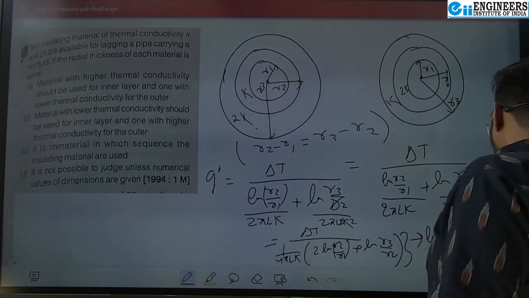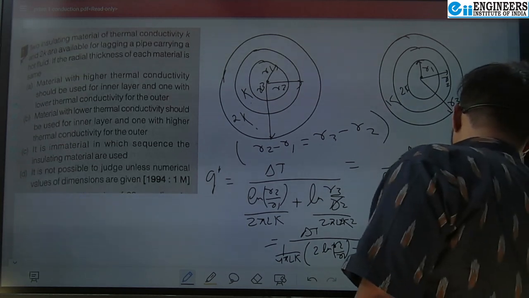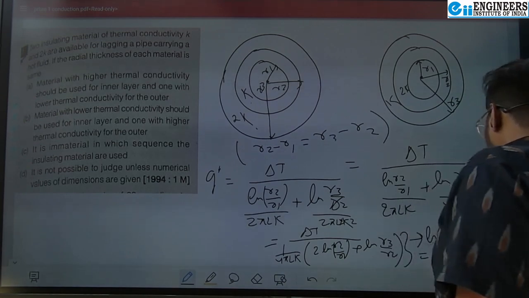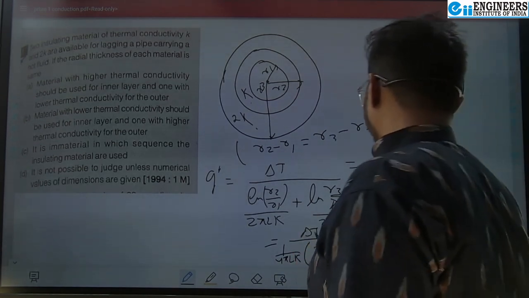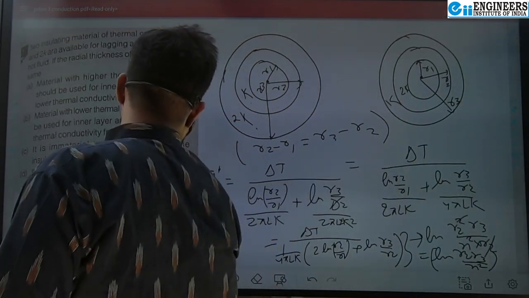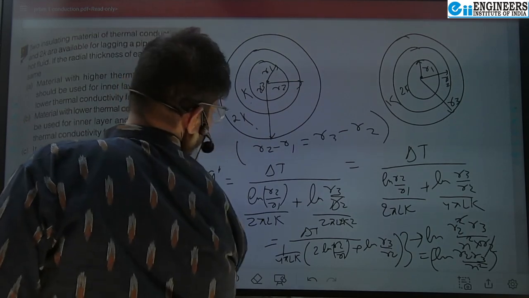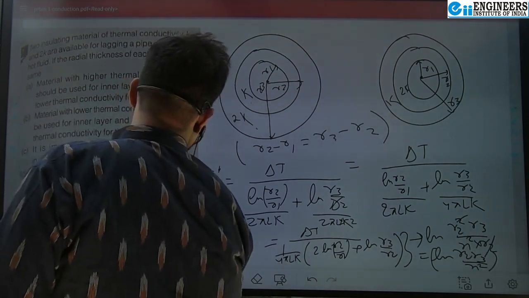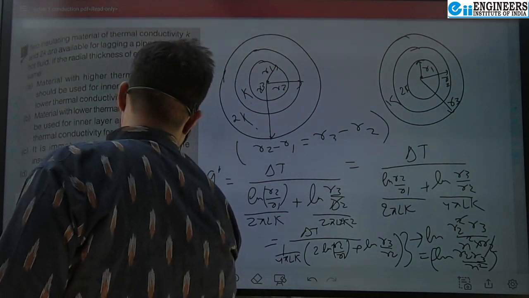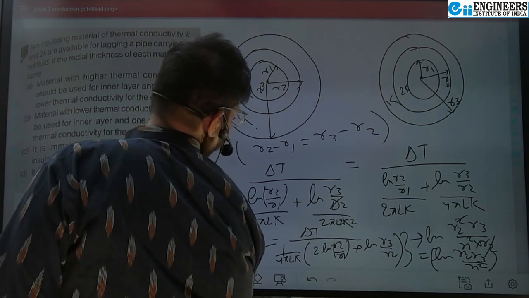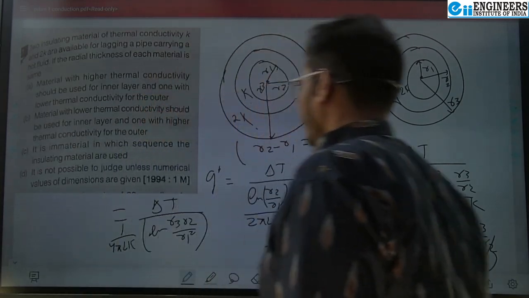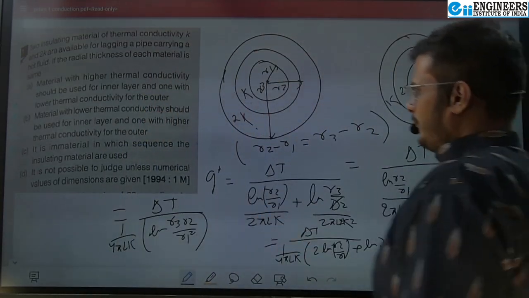So R2 gets cancelled, and this will be ln R2 R3 by R1 square, into this factor delta T divided by 1 by 4 pi K. So this will be equal to delta T divided by 1 by 4 pi Lk, taking common ln R3 R2 by R1 square, isn't it? This thing will come into the picture.